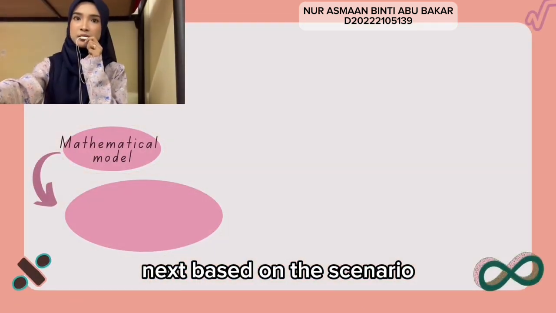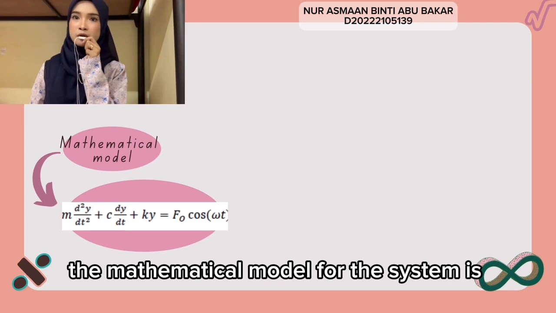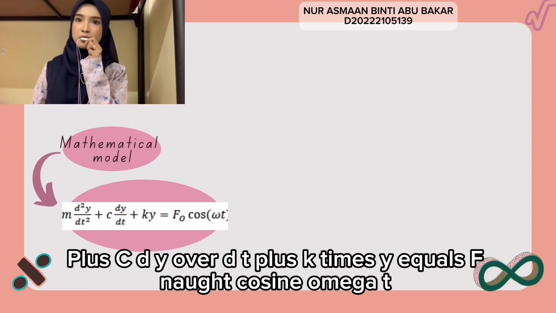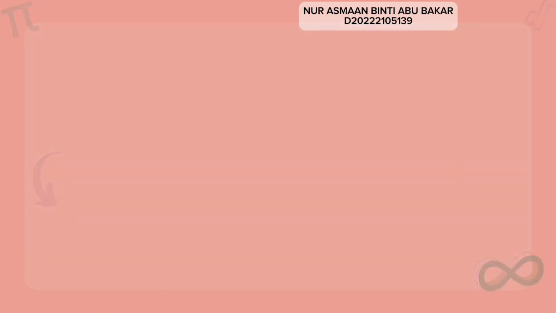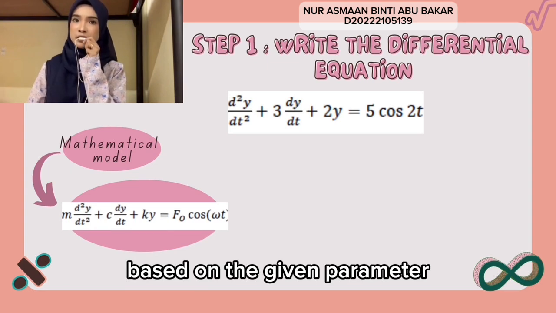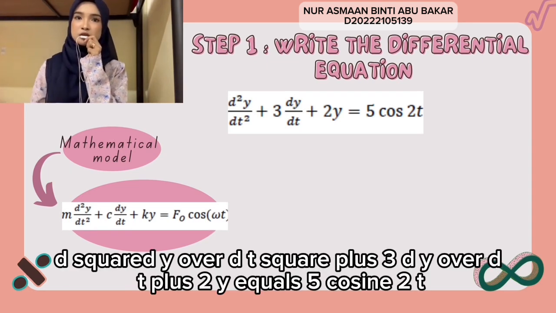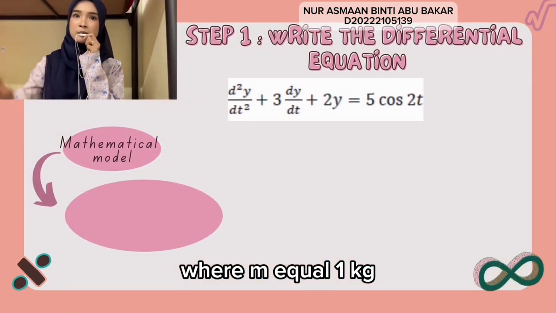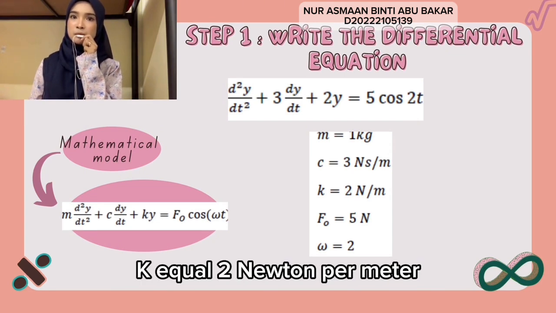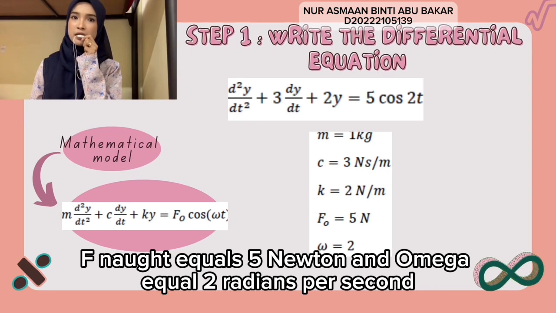Next, based on the scenario, the mathematical model for the system is m d²y/dt² plus c dy/dt plus k y equals F0 cos(omega t). We can write the differential equation based on the given parameters: d²y/dt² plus 3 dy/dt plus 2y equals 5 cos 2t, where m equals 1 kilogram, c equals 3 Newton second per meter, k equals 2 Newton per meter, F0 equals 5 Newton, and omega equals 2 radians per second.